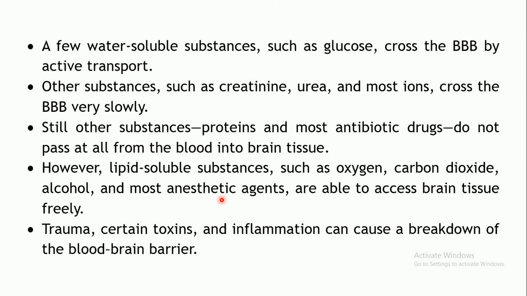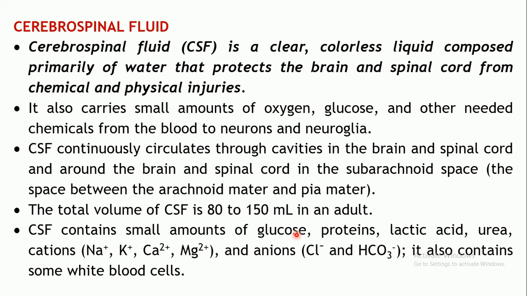Any damage caused to the meninges or the blood-brain barrier, like trauma, certain toxins or inflammation, may increase the permeability of the blood-brain barrier, so that any substance present in your blood circulation can get easy access to the CNS. Okay, so this is the brief introduction to the brain, the protective layers, and the blood flow and the blood-brain barrier.